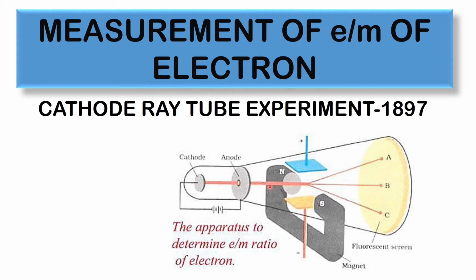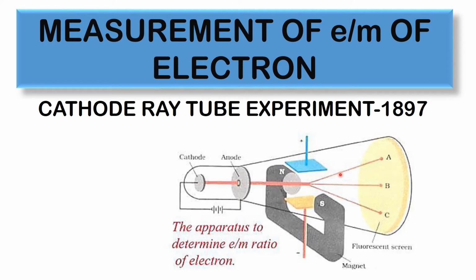So under the influence of an electric field, these cathode rays, following a straight path, when they pass through this electric field, they strike this fluorescent screen at point A because they are deflected towards the positive terminal of this electric field.